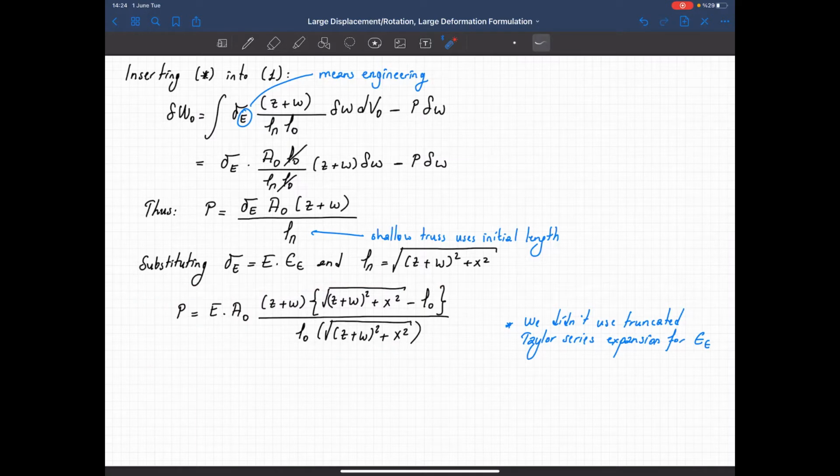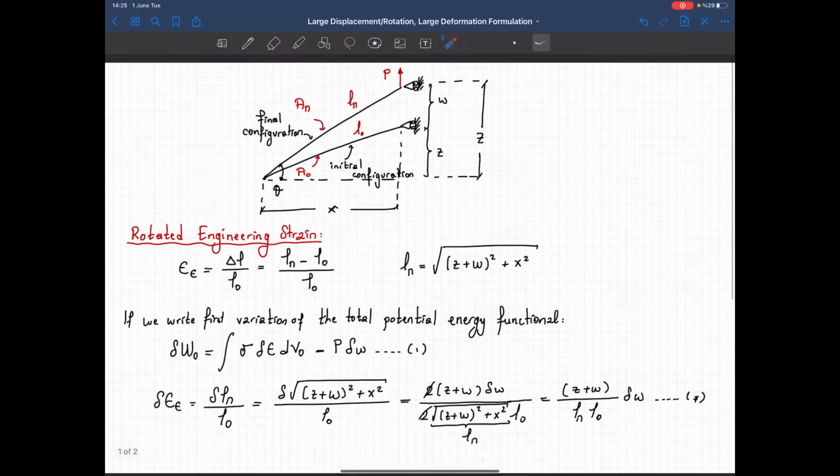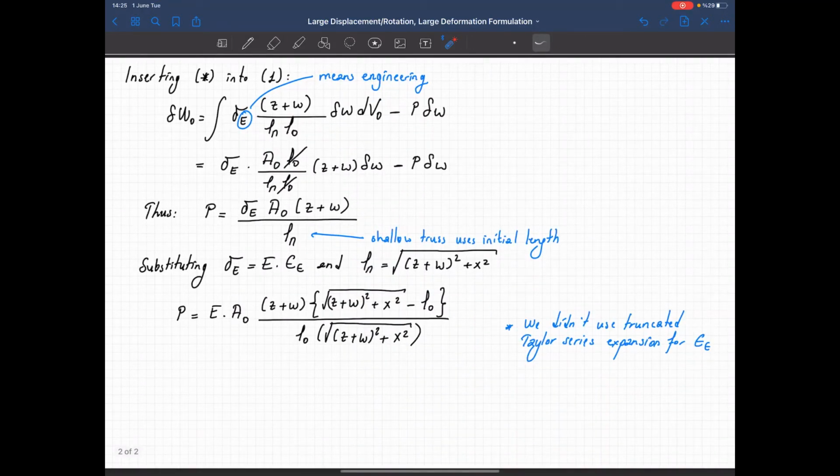Now what we usually don't like in terms of computations is these square roots. So we don't want to deal with the square roots here. But when you do a large displacement formulation with these assumptions, you cannot escape from these square roots. So that's one way of describing the load deformation curve.